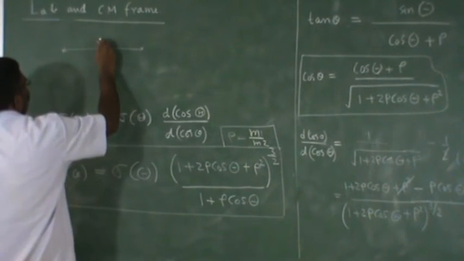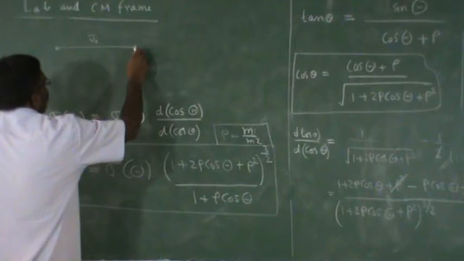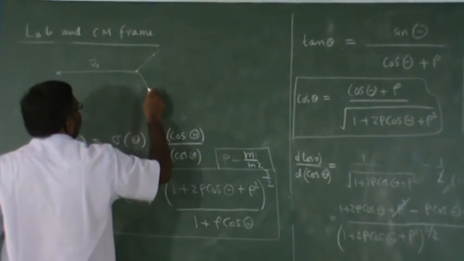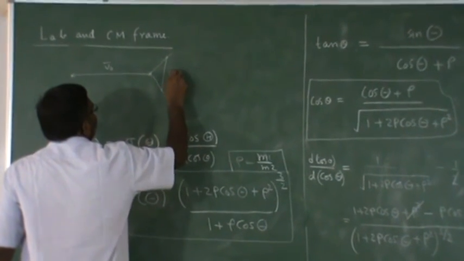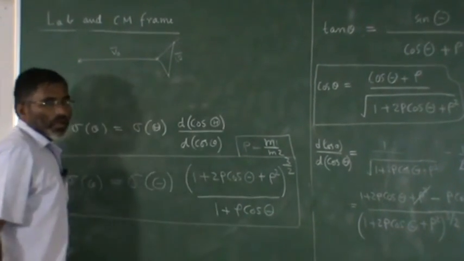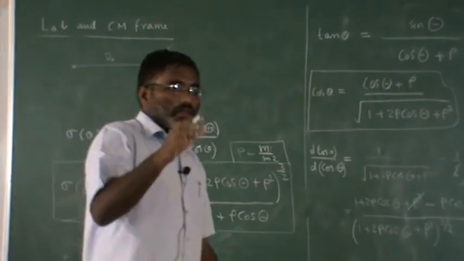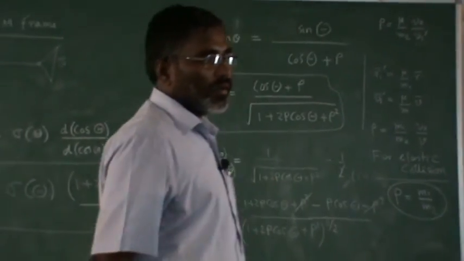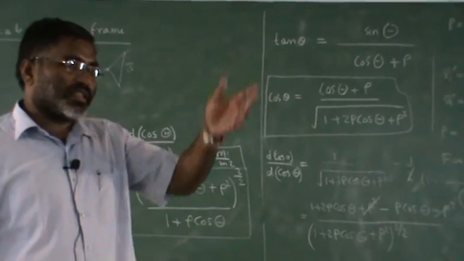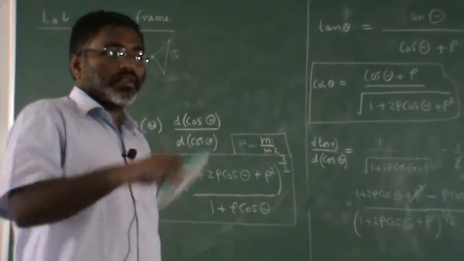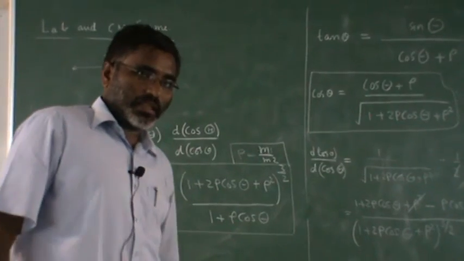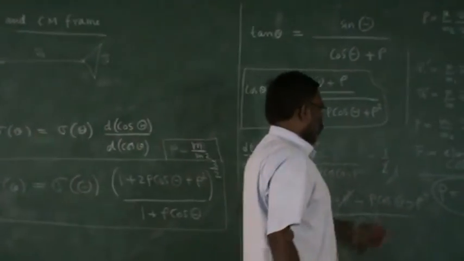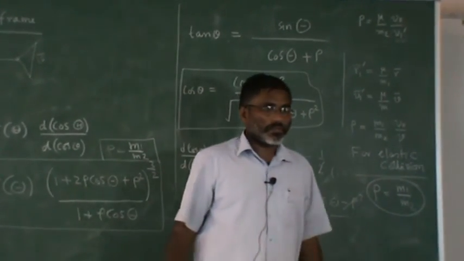So this is the initial relative velocity, and then the final relative velocity when the particle goes here and this particle comes here is going to be V. So the magnitude of that relative velocity will be same, because it is getting readjusted, that's all. It is giving a part of that velocity here and a part of that velocity there. So because of that, for an elastic collision, we have rho equal to m1 by m2.